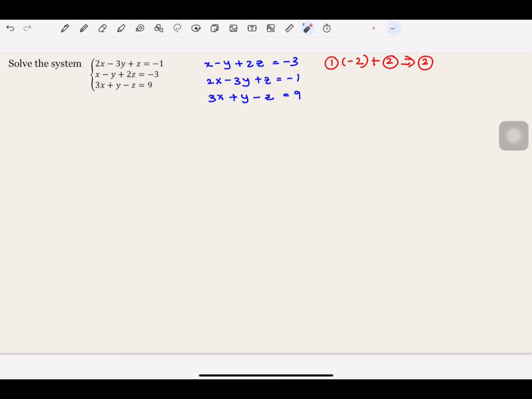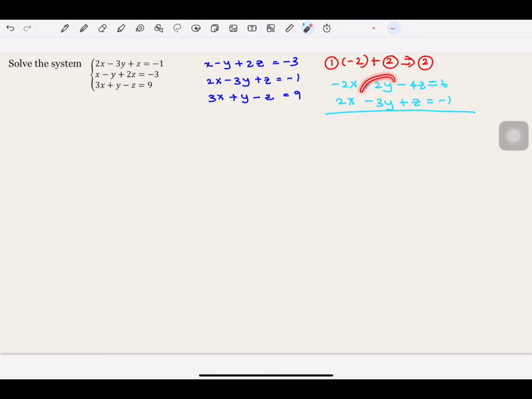If you multiply x by negative 2, you get negative 2x, and then positive 2y minus 4z equals negative 2 multiplied by negative 3, a positive 6. And you add that into the second equation. The second equation is this. Okay, let's do the simplification. These terms will cancel out, so you have only these 4 terms.